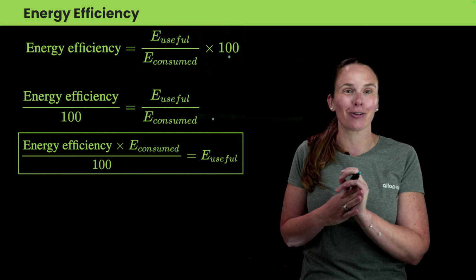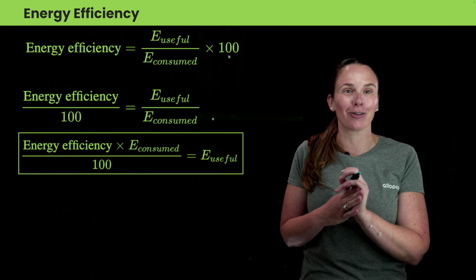And if we want to find consumed energy, we can also move a couple of things around in order to solve for that variable. So again, we'll take our energy efficiency original formula, always take the original formula, and then we're going to manipulate it. The only things that we need to really move around are consumed energy, because that's what we want to find, and then energy efficiency.